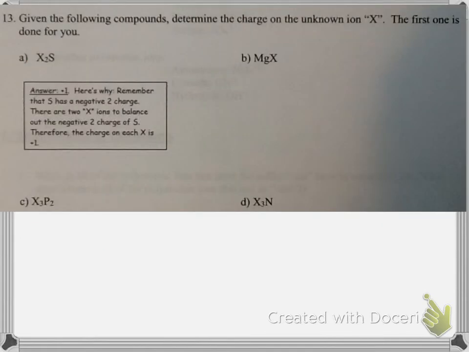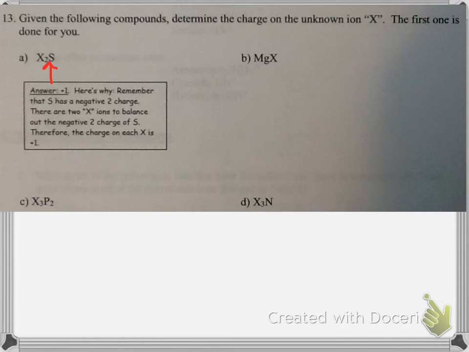Number 13. Given the following compounds, determine the charge on the unknown ion X. The first one is done for you. So for this one, you're going to look at the negatively charged ion. I don't know what X is, so I look at sulfur. Sulfur's in group 6A, so its choices would be it could lose those 6 or gain 2.